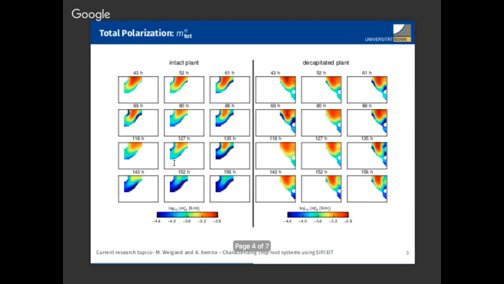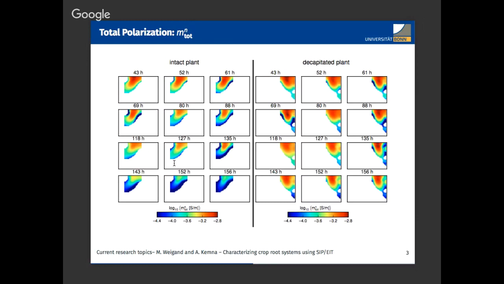If you look at the chargeability plot on the left side, you can see that the red blobs, the chargeability distribution of the root system, decreased steadily over the course of approximately 5 or 6 days.